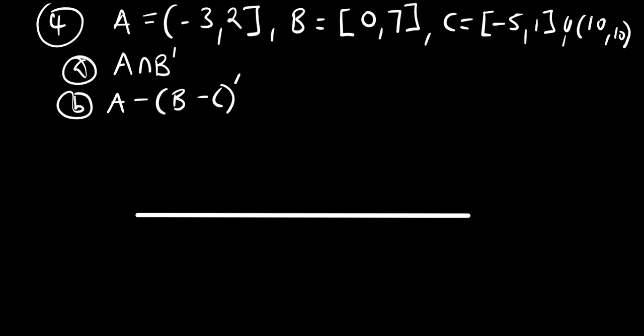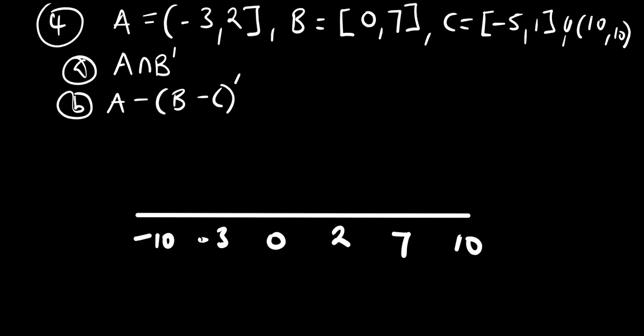Let's start with A. A, we're saying, is from -3 to 2. Because our universal set is from -10 to 10, let me say this is -3, this is 0, this is 2, and this is 7.